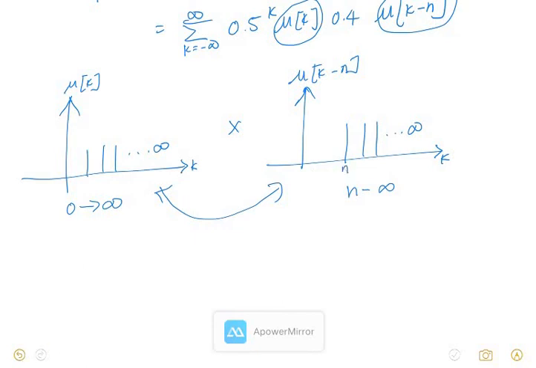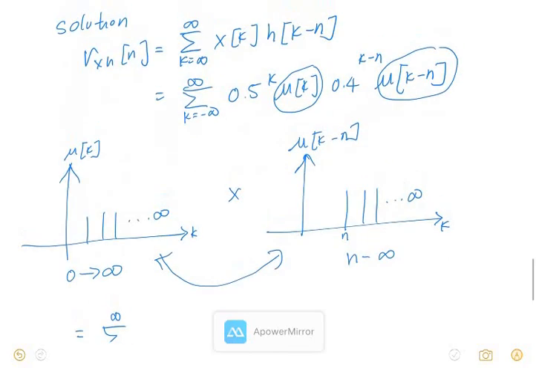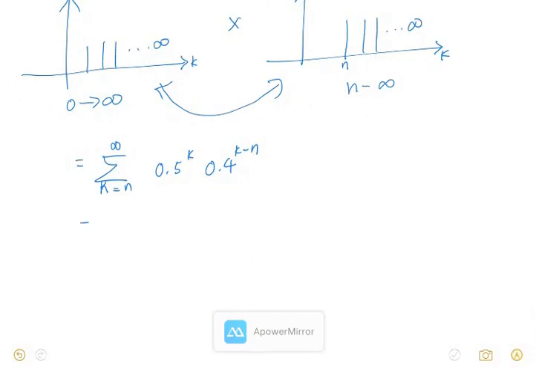You will get the summation with k going from n to infinity, and what remains is 0.5^k and 0.4^(k minus n). This is equivalent to assuming k minus n equals m, equal to 0.